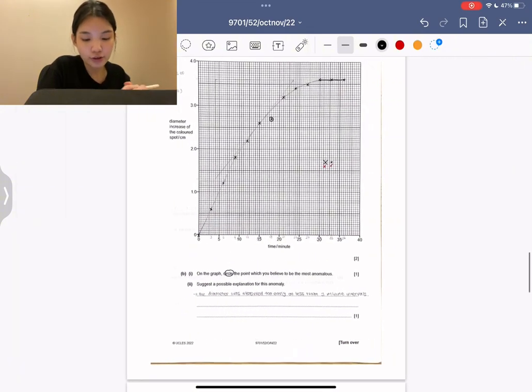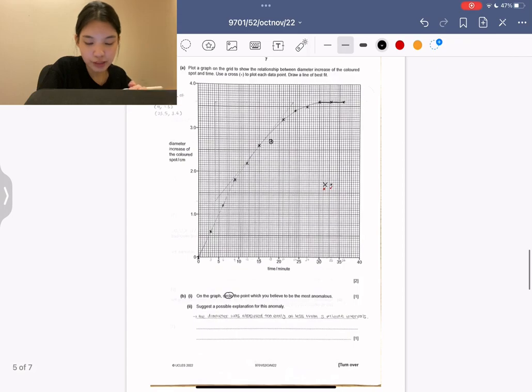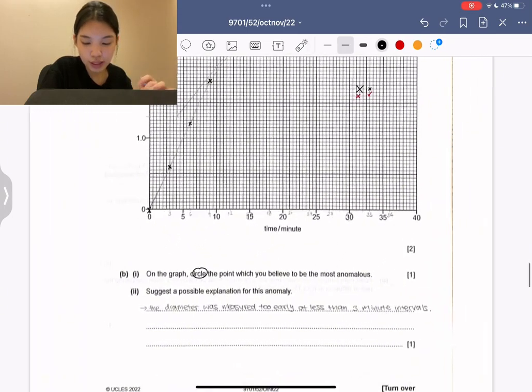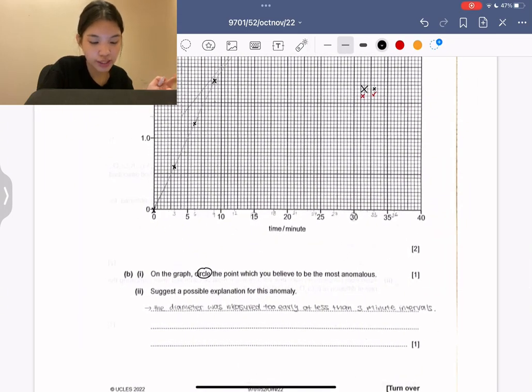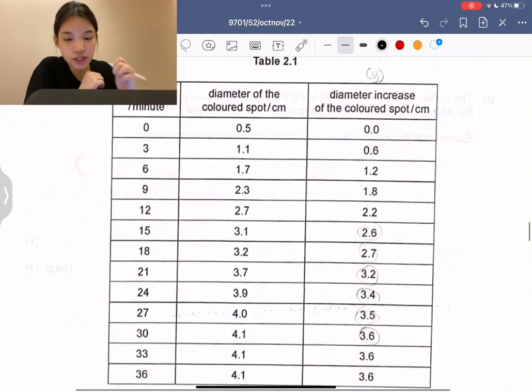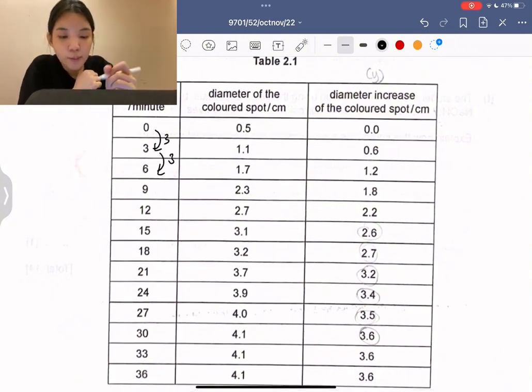So the answer would be the diameter was measured too early, at less than 3-minute intervals. As you can see in here, every interval is 3 minutes. But there could be a human error where I accidentally measured at minute 5. This became an outlier like that.